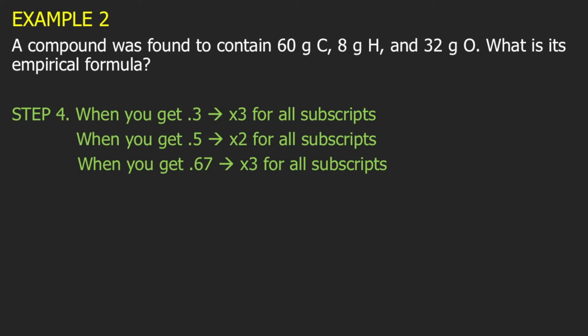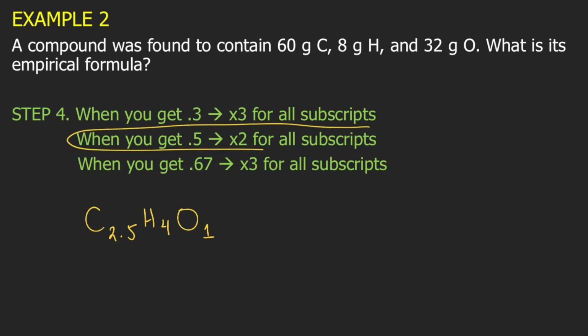What we got previously was C 2.5 H4O1. Since we have a 2.5, we will multiply all the subscripts by 2. So it becomes C5H8O2. And this is the empirical formula.